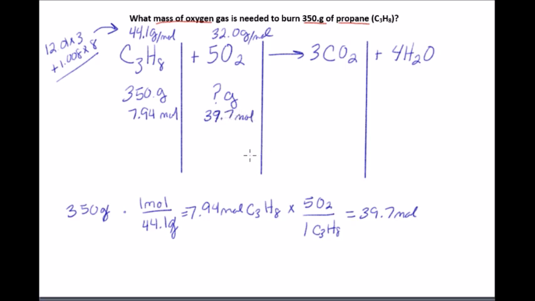Now, the question asked us for mass of oxygen, and we have moles of oxygen, so you simply convert it back to grams using your molar mass of oxygen.